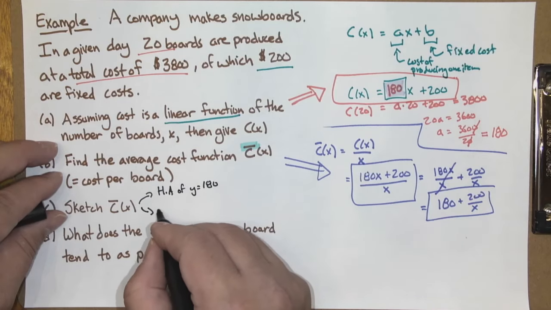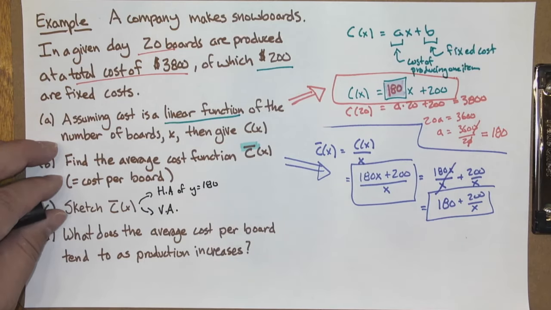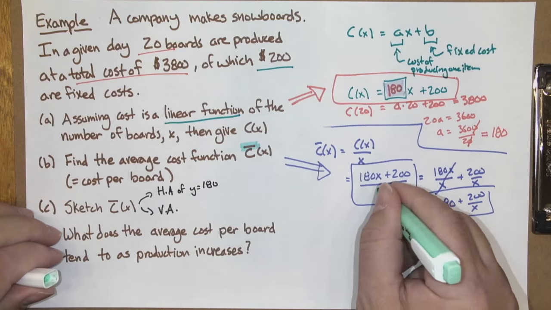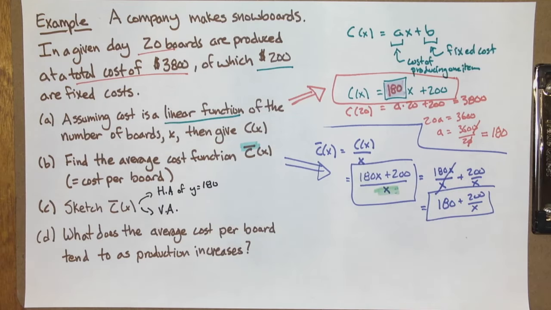Do we have a vertical asymptote? So vertical asymptotes, where do we look? You look downstairs. Say, okay, could that ever be 0?